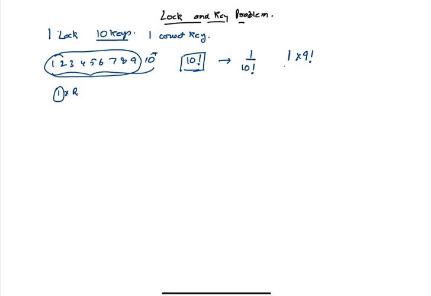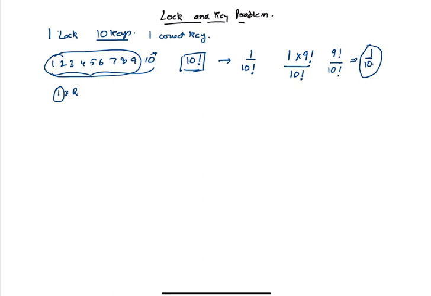So that is 1 times 9 factorial divided by 10 factorial, or 9 factorial divided by 10 factorial, which is basically 1 out of 10. So it's the same answer that you can get by intuition.